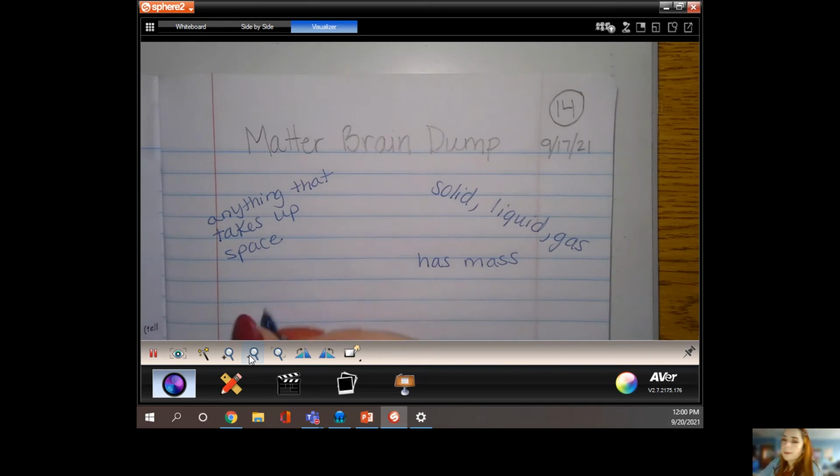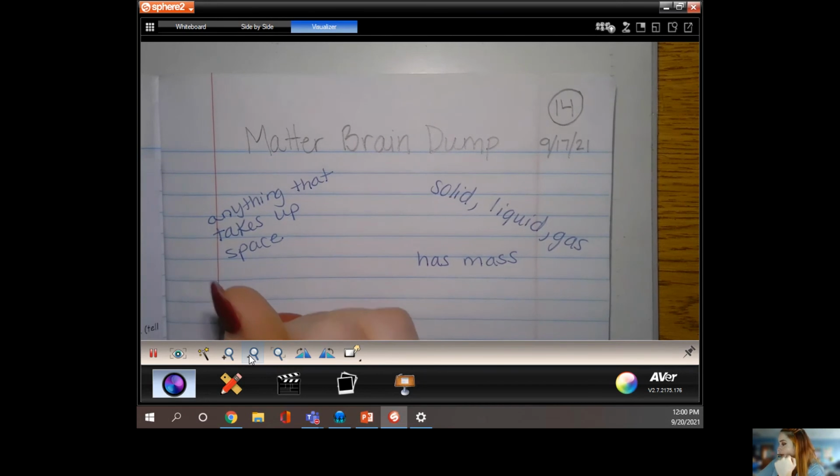Okay, so he's talking about the atoms. The more dense something is, so if it's like a solid, it has more atoms, whereas a gas would have more spread out atoms. Okay. Morgan, sorry, I blinked for a second. Volume, okay. So it can have volume.